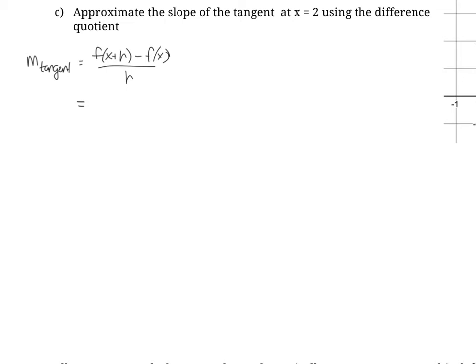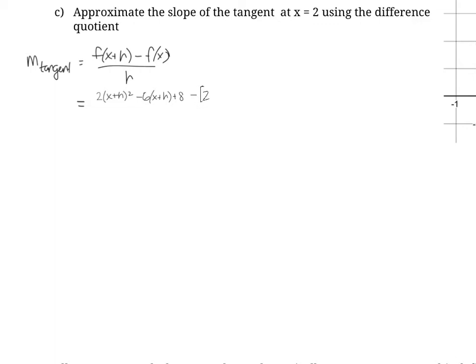So again, our equation is 2x squared minus 6x plus 8. So instead of the x, I'm going to write 2 times (x plus h) squared. So you replace all the x's with x plus h's, minus 6 times (x plus h) plus 8. And this whole thing minus the f at x, right? Which is just going to be our original equation.